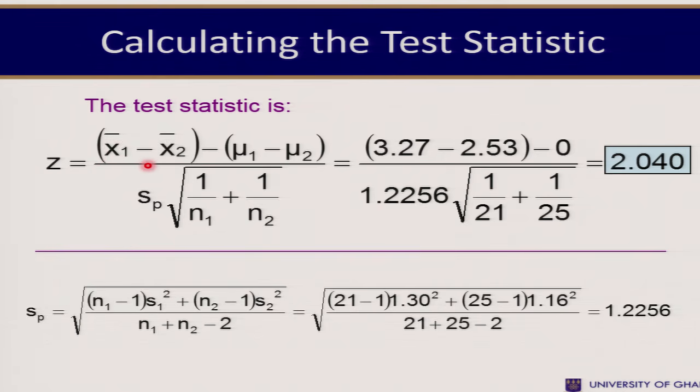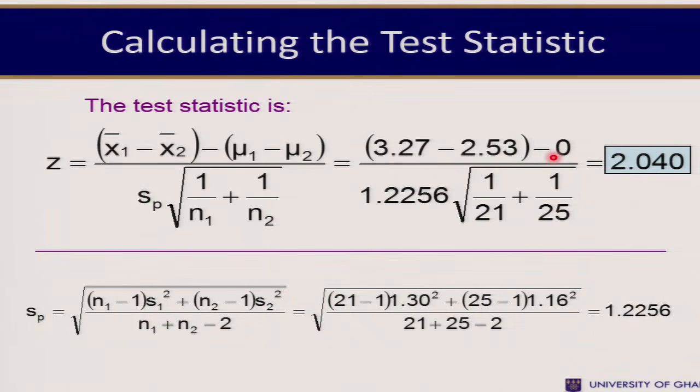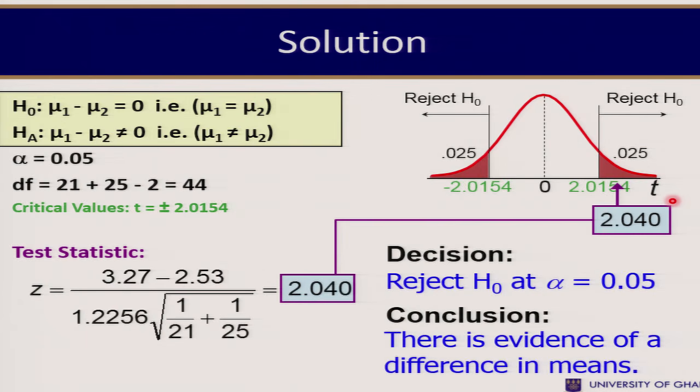So we put it back into the test statistic formula, and we have 3.27 minus 2.53 minus 0. Because we are assuming that the null hypothesis is true, we would always assume that mu1 and mu2 are the same, and hence the population difference will be 0. That is why we have a 0 here. Over 1.2256 times the square root of 1 over 21 plus 1 over 25, which gives us 2.040.